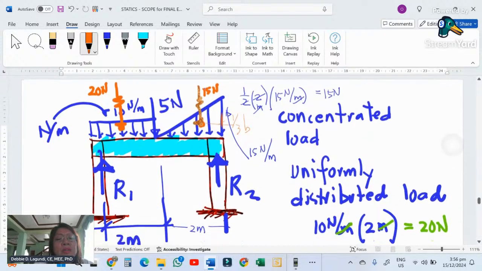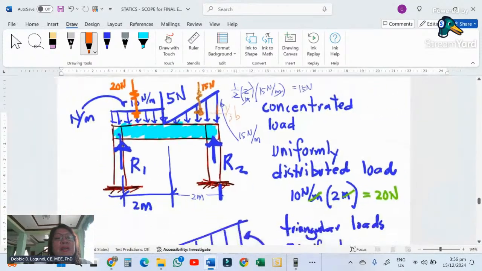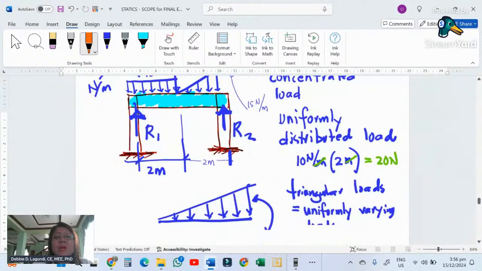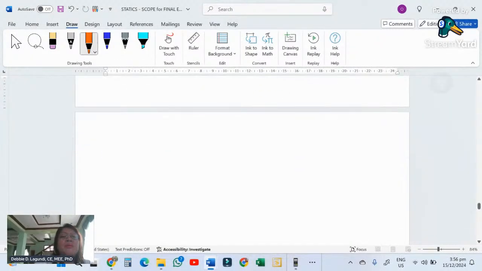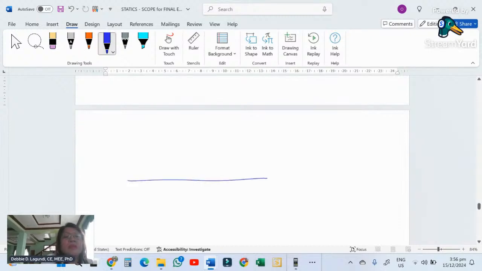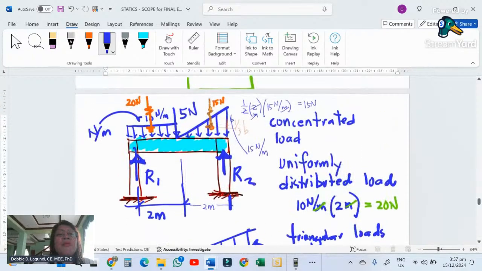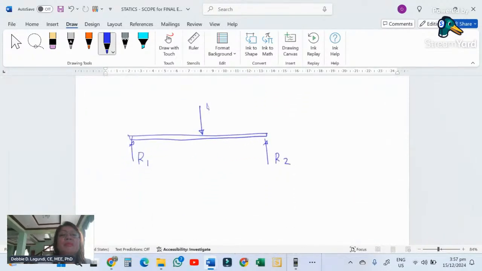Now, having all this, we can solve for the reactions in our beam. Let's draw the beam again. The equivalent loading would be: you have your reaction here, R1, and your reaction here, R2. At the middle, you have the concentrated load of 5 newtons. This is 2 meters and this is 2 meters as well.